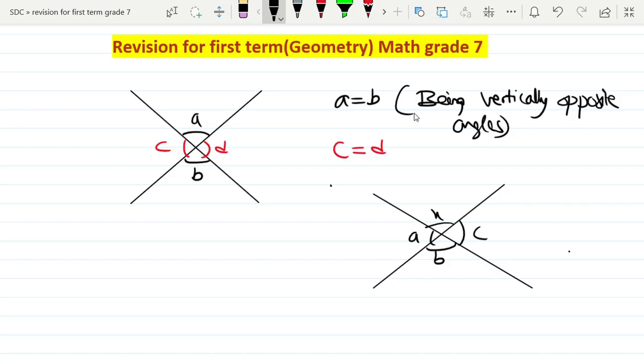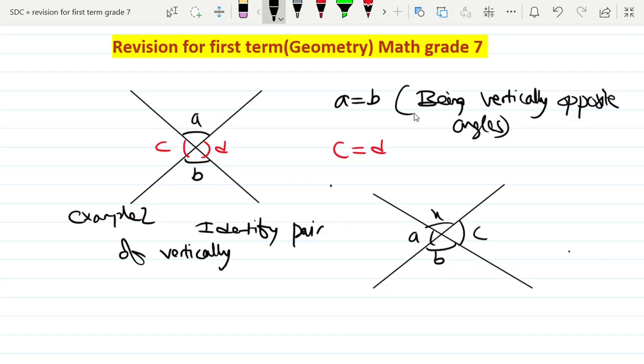The question, example 2, is to identify the pair of vertically opposite angles.